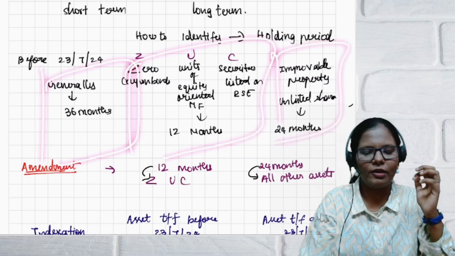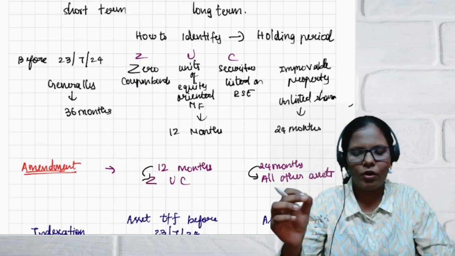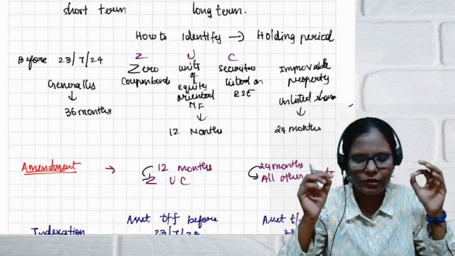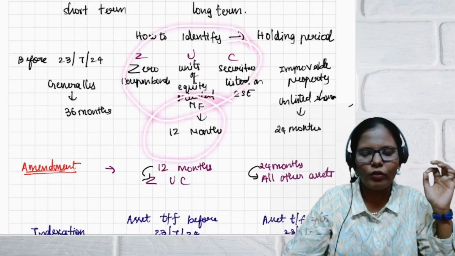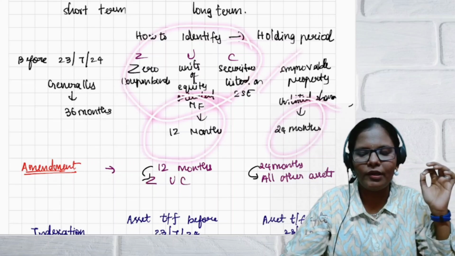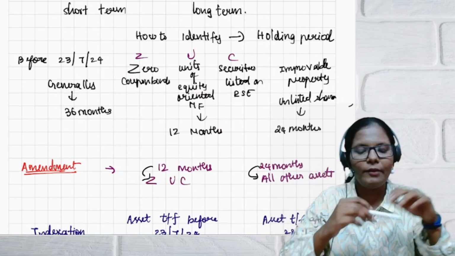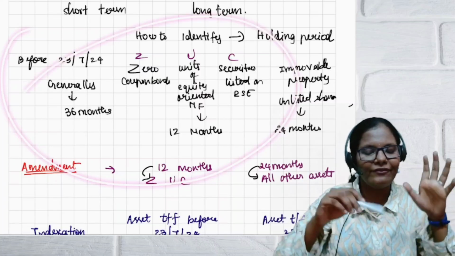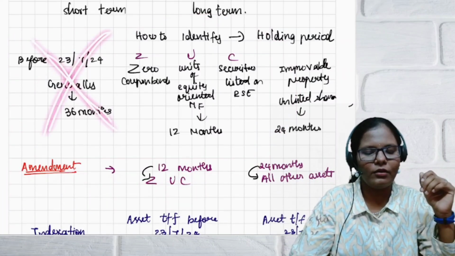The first box is the general box, 36 months. In 12 months, zero coupon bonds, units of mutual funds, and listed securities come under the 12 months category. Then in the 24 months category, immovable property and unlisted shares fall under 24 months. Previously we had it like this, but after the amendment, the 36 months box has been totally removed.